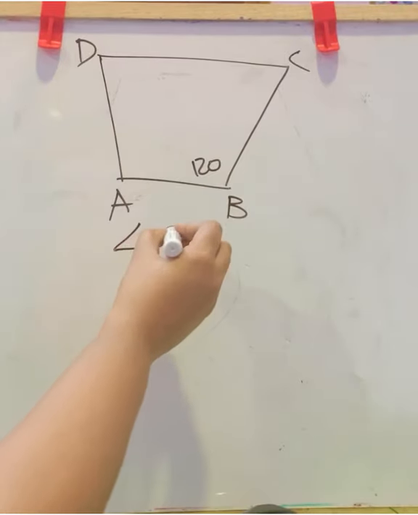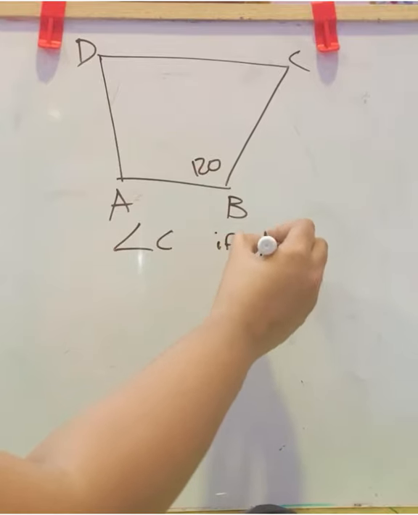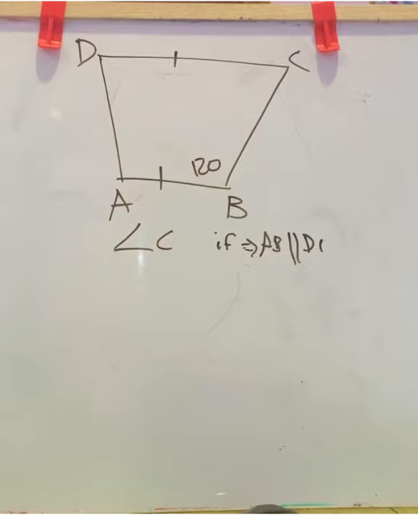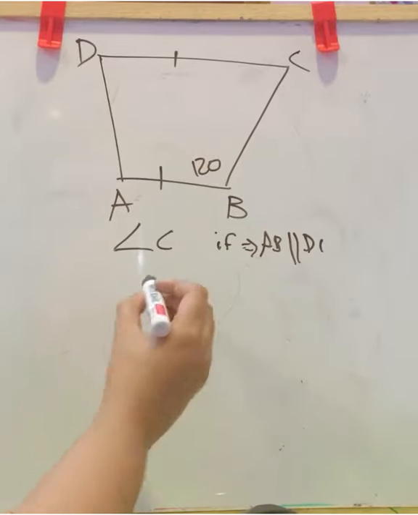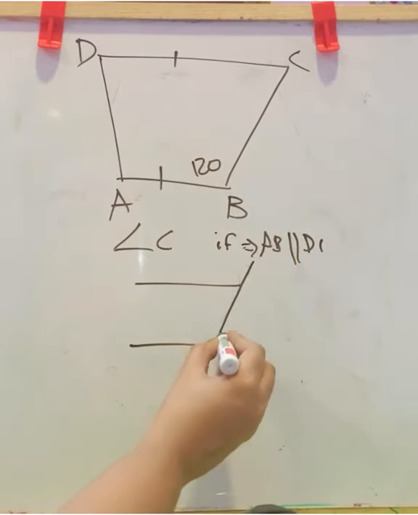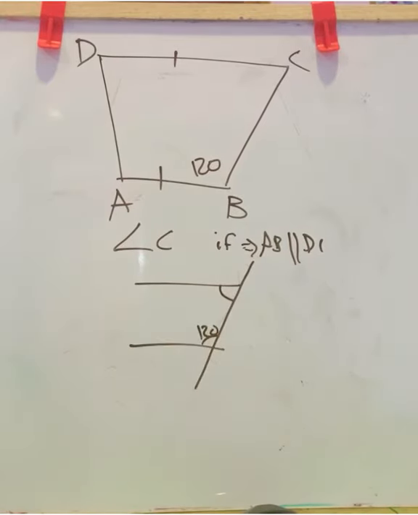Find angle C if AB is parallel to DC. These two lines are parallel. It is given in the question. So find angle C. We have these parallel lines and a transversal is falling like this. This is 120 and this will be consecutive interior angles and their sum is 180.